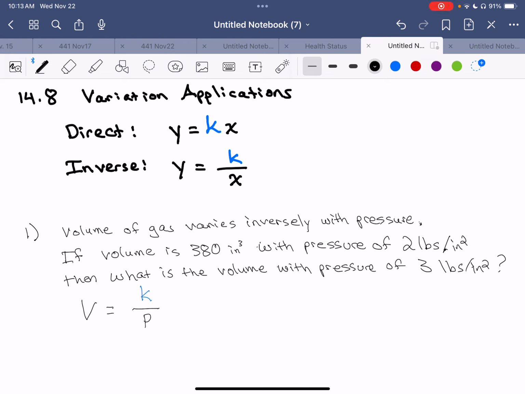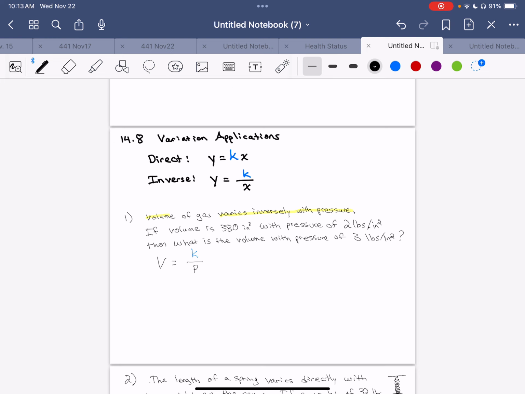That's the relationship that they describe. Actually, let's do highlight. Volume varies inversely with pressure. That's what we've written down. So, first step is identify which relationship we have, direct or inverse, and write down the overall equation. Second step is plug in your point.